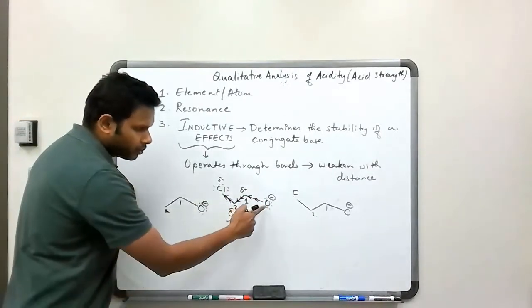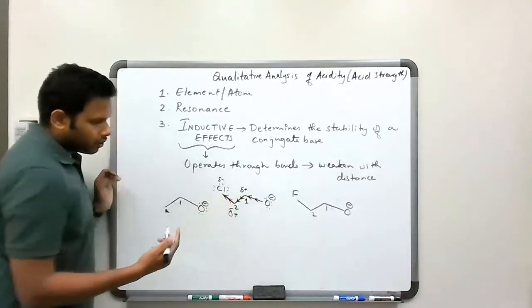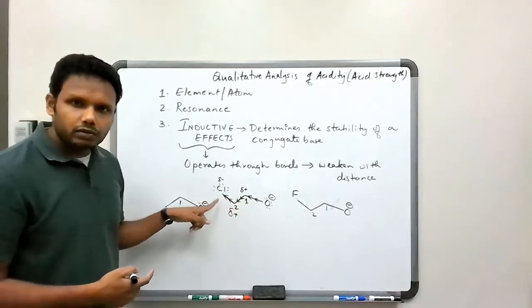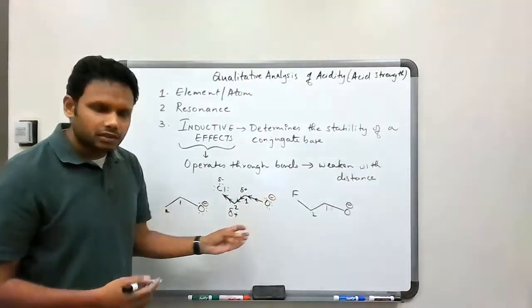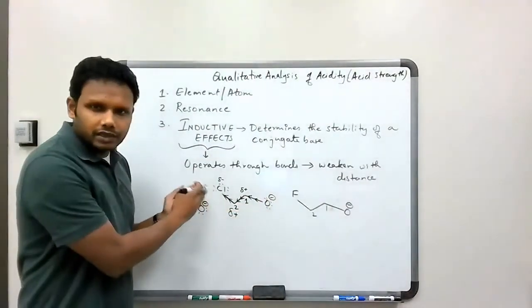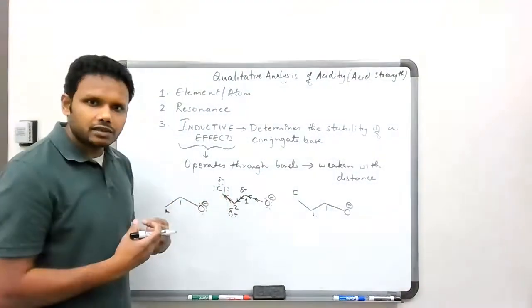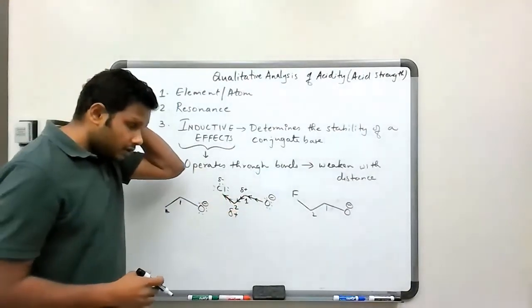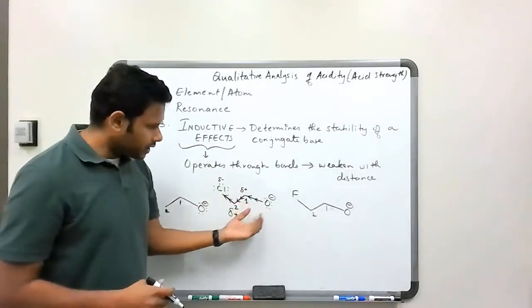So what you can notice is that because this electron density is pulled along the bonds, the negative charge on this oxygen would get slightly diminished, because there is an electronegative element somewhere in that molecule. So the negative charge would get diminished.